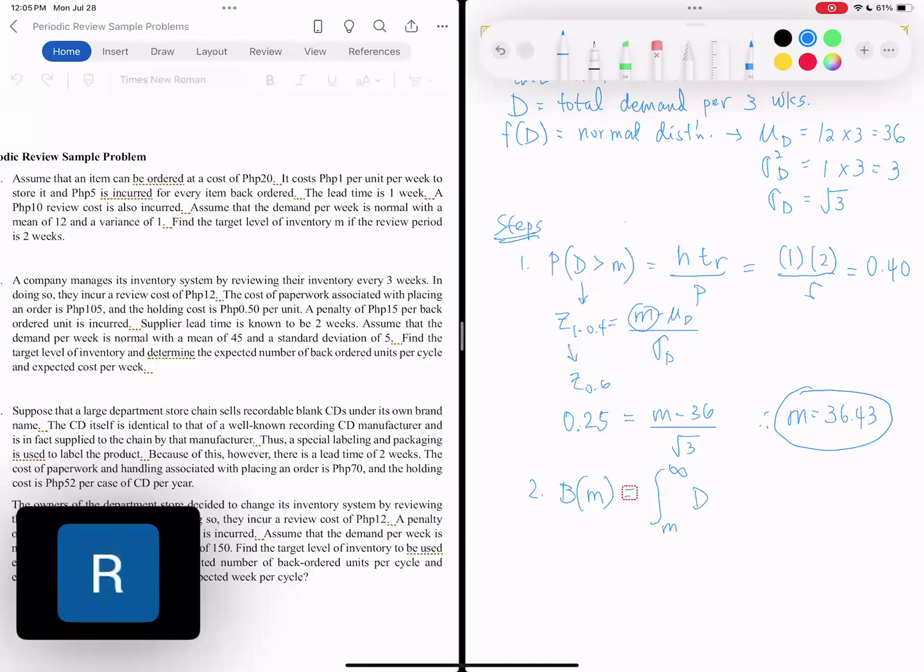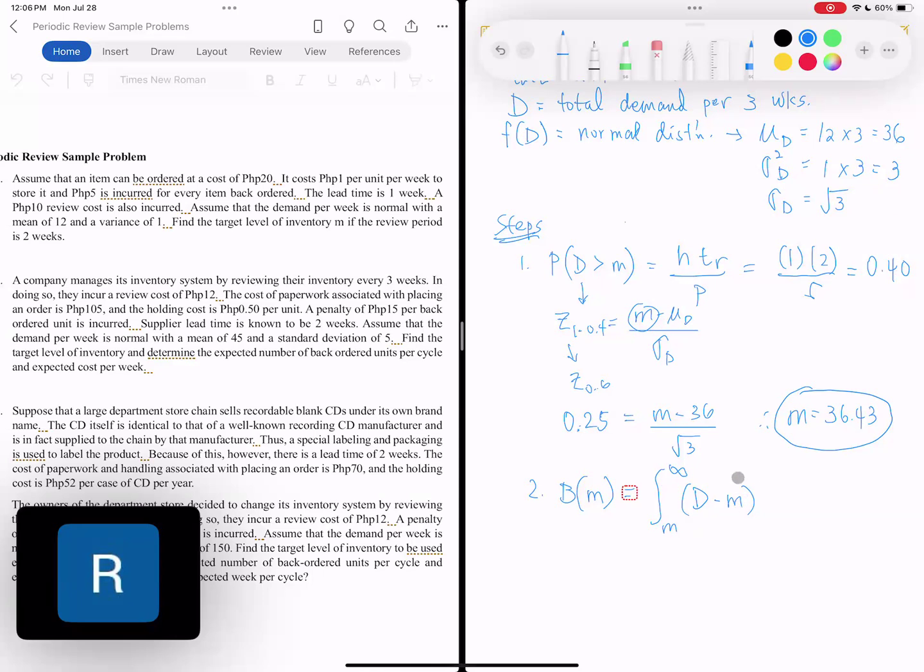Your random variable is capital D, the total demand for the cycle, minus M. That means you will only have back order if your capital D is from M to infinity. Your capital D, your total demand in that whole cycle, should be higher than your target level for you to have back order.